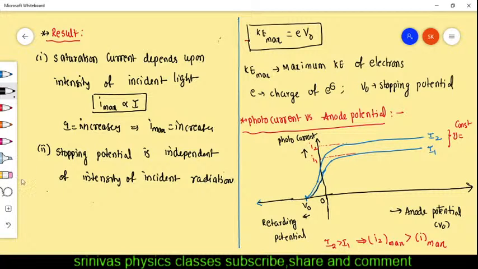I'm going to erase this total. The eraser is giving me a lot of problems.